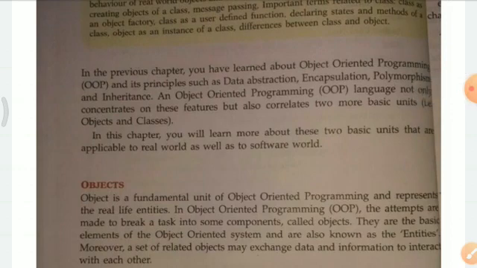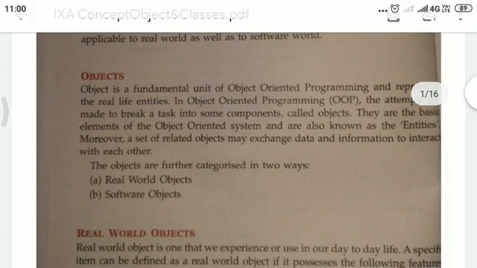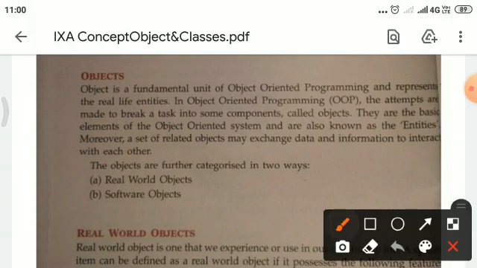In this chapter, students, we will study the two basic units of object oriented programming language, that is object and class. And here, students, we will see what is an object. An object is a fundamental unit of object oriented programming language.